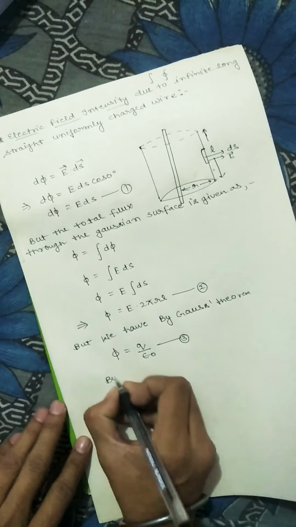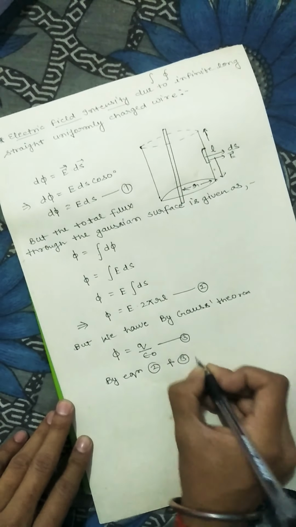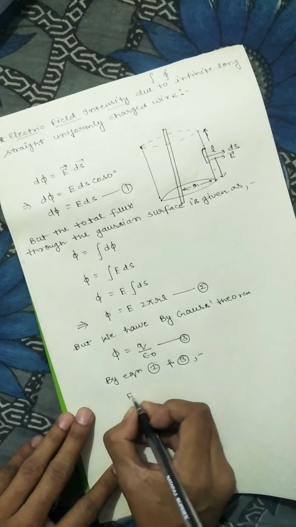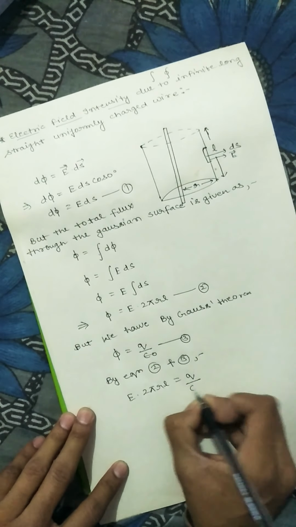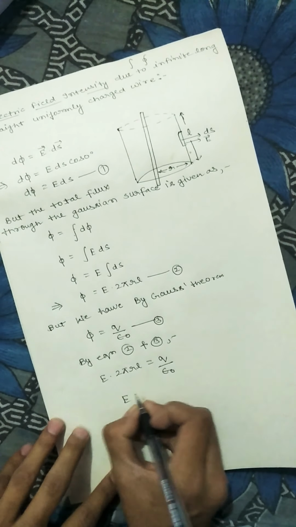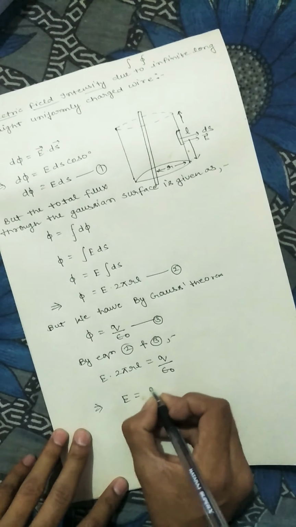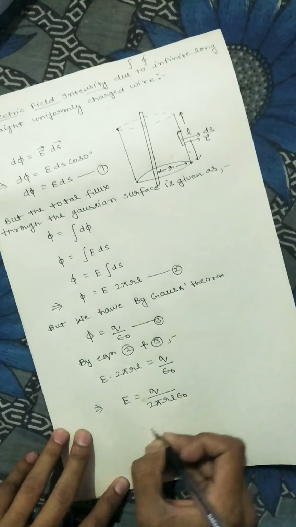So by equations 2 and 3, we get E times 2 pi rl is equal to q upon epsilon naught. This can be written as E is equal to q upon 2 pi rl epsilon naught.